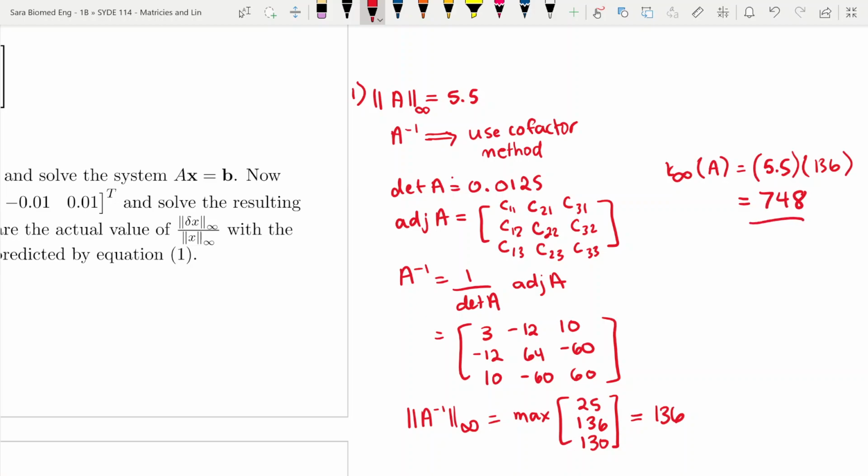Okay, and I just forgot to show you that. Suppose we have a matrix called A and the entries are 3, 1.5, 1.